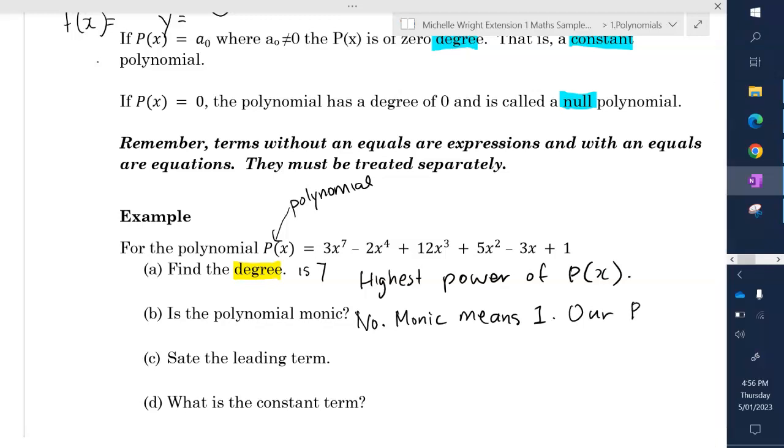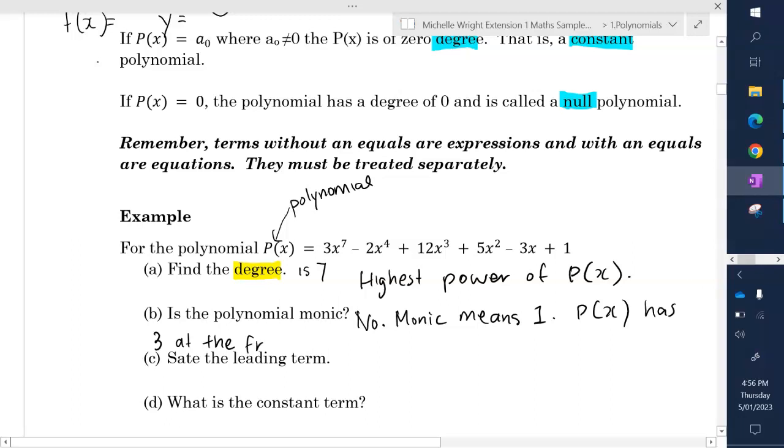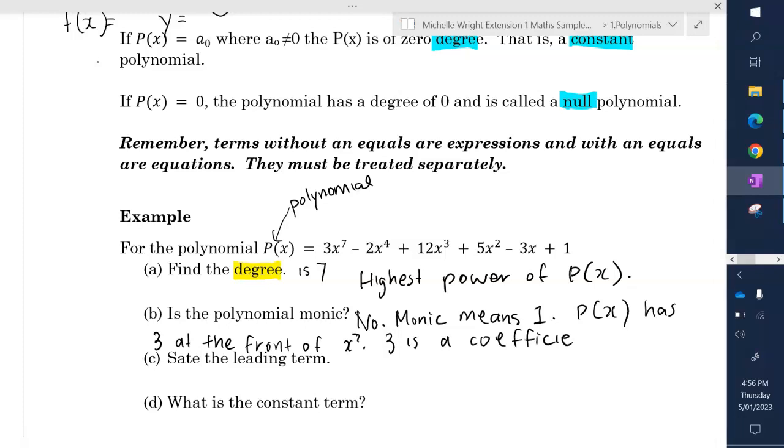So p of x has 3 at the front of our x to the 7. That 3 is a coefficient. So what we say is the number out the front of the x to the 7 is a coefficient.